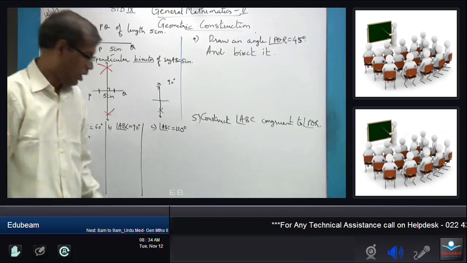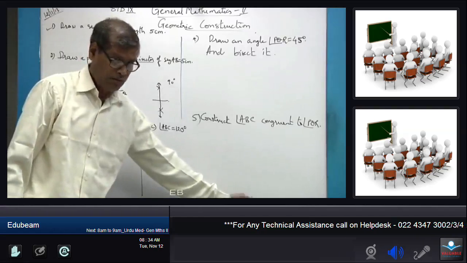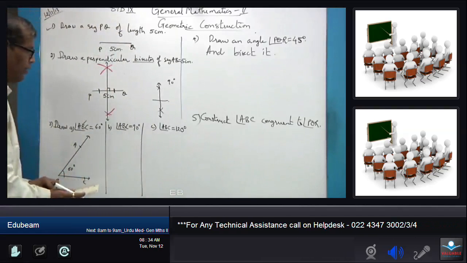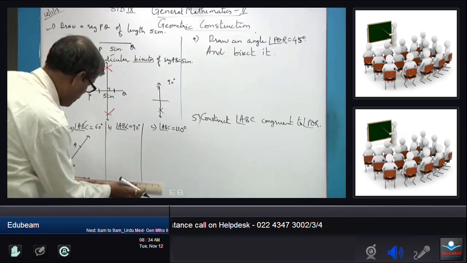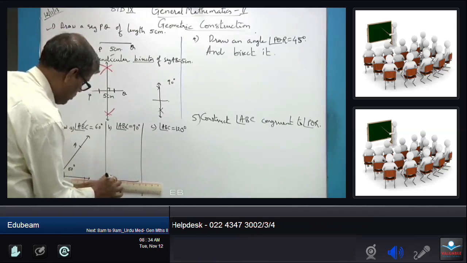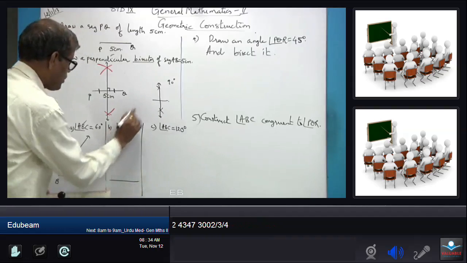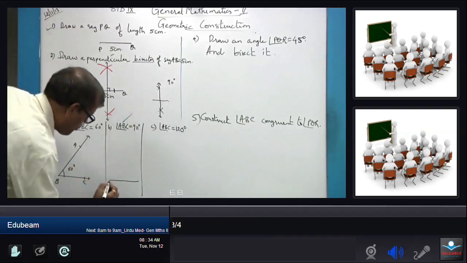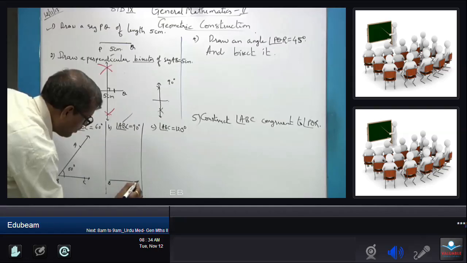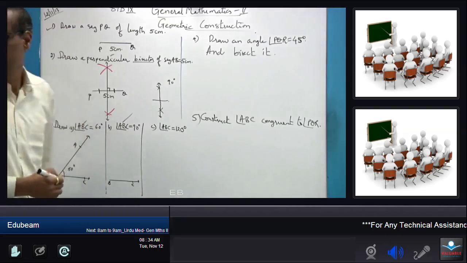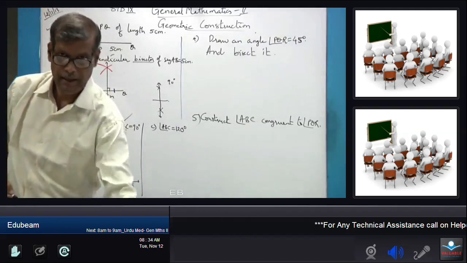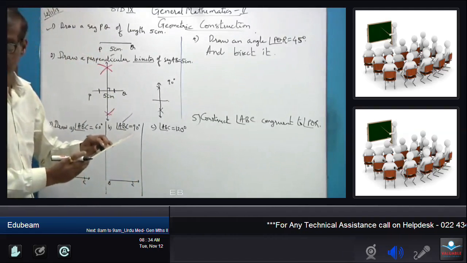Now the second one, the same thing. Angle ABC is 90 degrees. B is in the center, so this will be B. P will be here, with arrowheads on both sides.